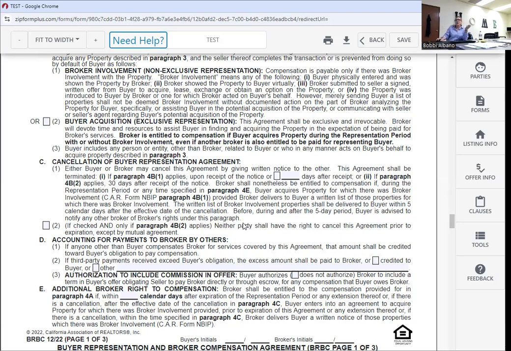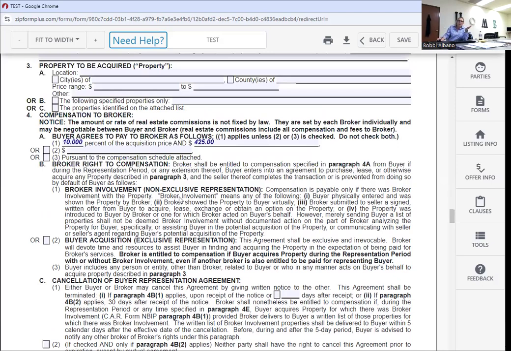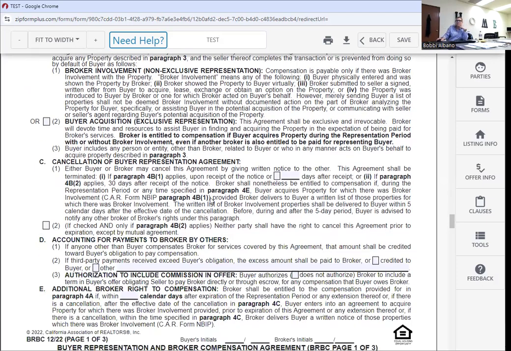Before, during, and after the 5-day period, buyer is advised to notify any other broker of broker's rights under this paragraph. So let's say, where's 4B1? Okay, 4B1, yeah, broker involvement. So if the buyer says, look, this isn't working out for me, I want to cancel the agreement, so if the buyer provides written notice that he wants to end the contract, then you put, I don't know, if we said 10 here.